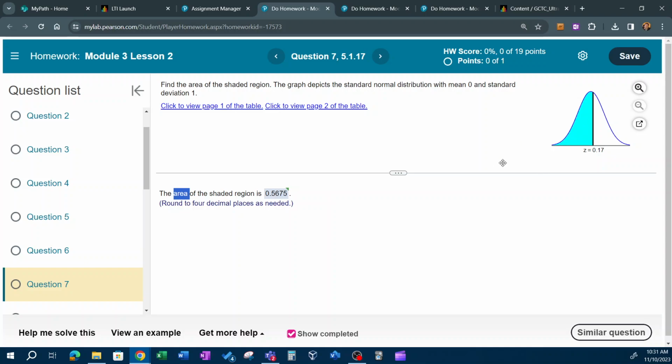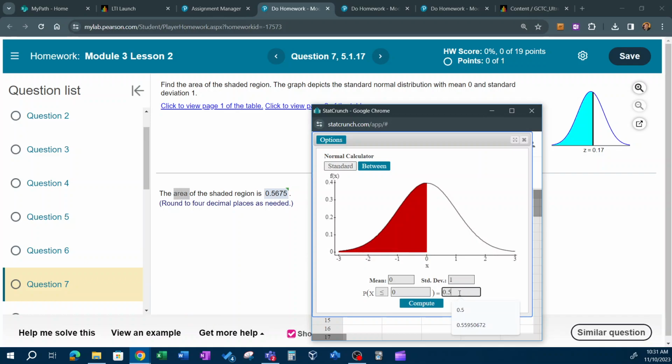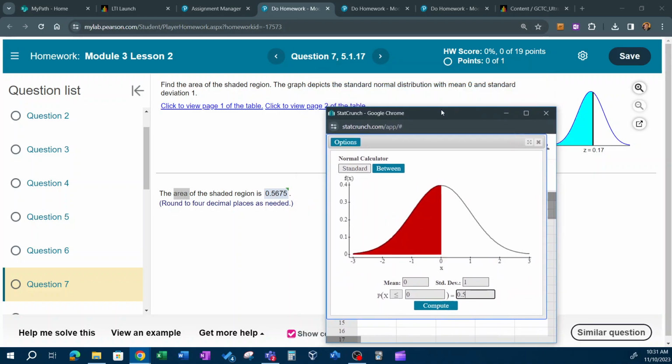And when it says it's looking for the area, that means the answer is going to be here, and you're going to type this number from the problem, all right? This last box can mean area, or it means percentage, or it means probability, all right? In this case, the problem is asking for the area, so you know that answer is going to be in here, and we need to fill in this box here.